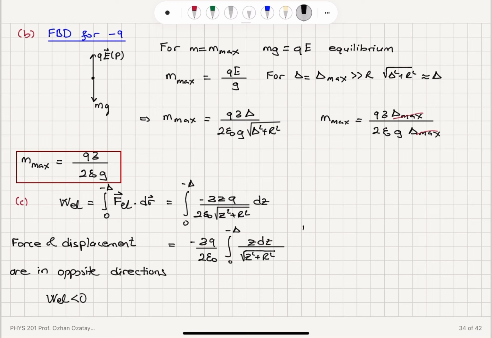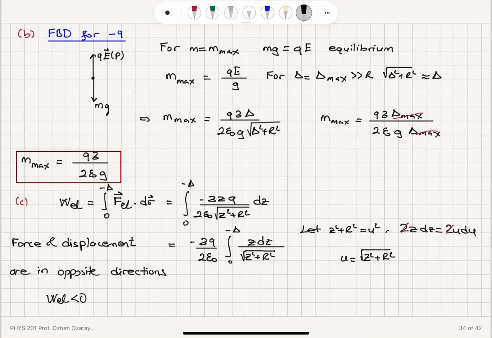And if we let z squared plus r squared equal u squared, we see that 2z dz becomes 2u du, and u is equal to the square root of z squared plus r squared.